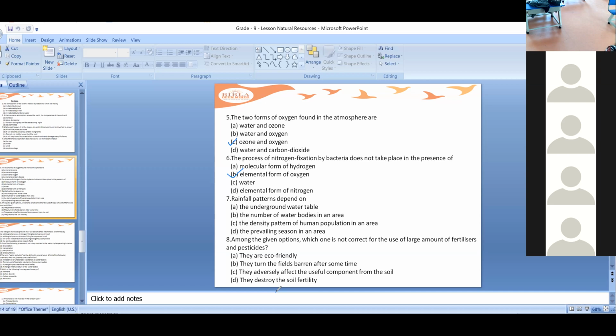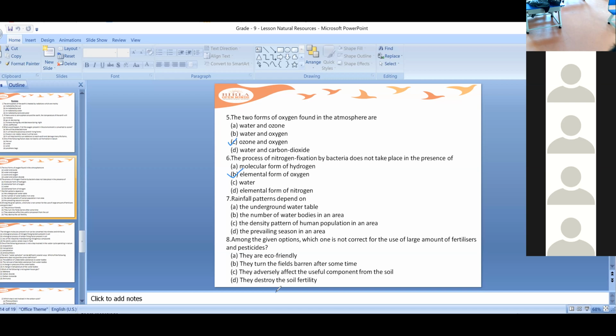If you see the seventh question, rainfall patterns depend on the number of water bodies in an area.